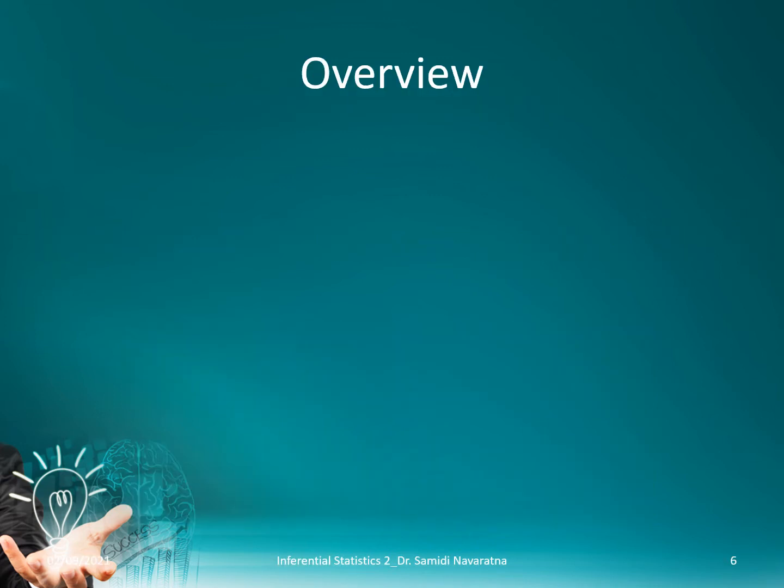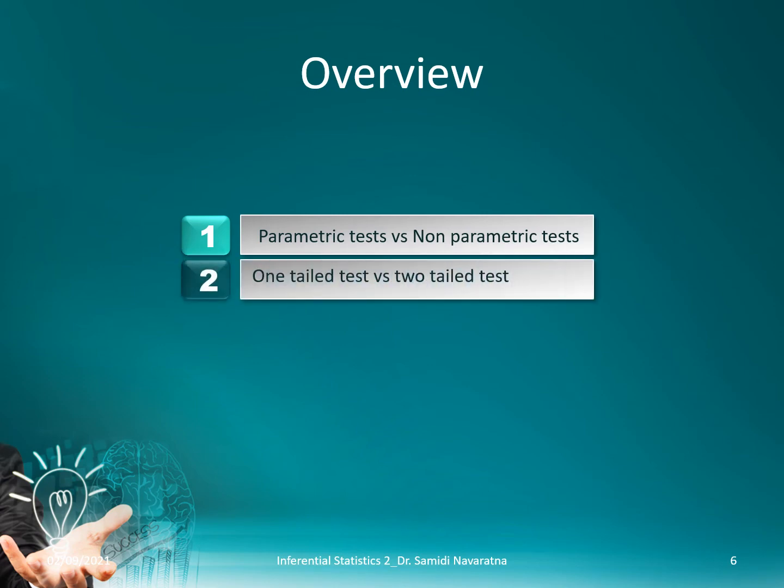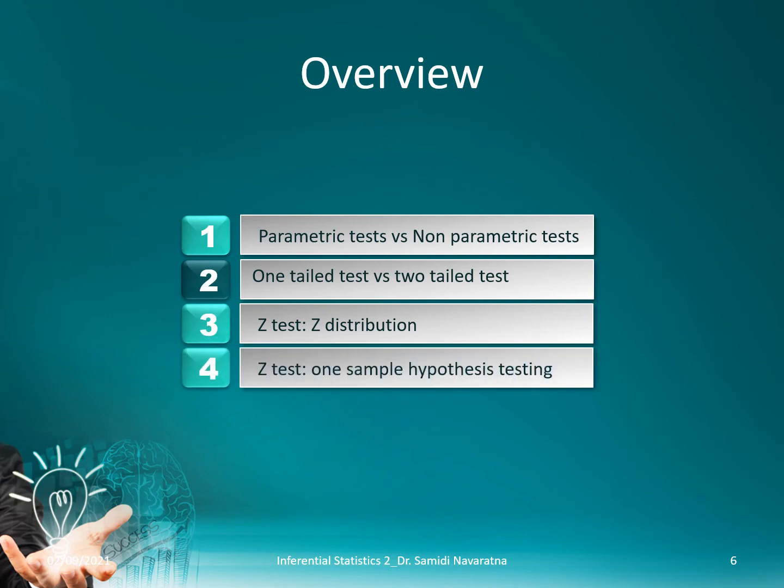Having said all that, let's move to the lecture proper. The outline: first, we'll discuss parametric tests versus non-parametric tests. Then one-tail test versus two-tail test. The Z test, the Z distribution. Then one sample hypothesis testing for Z using the Z test.